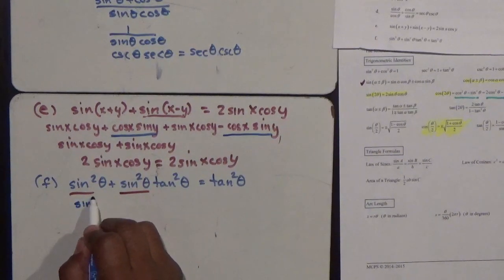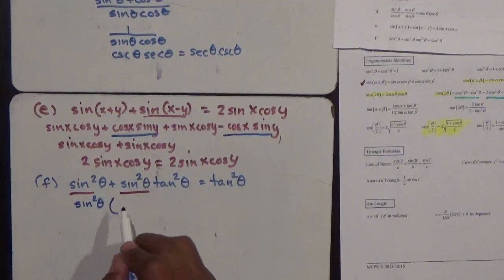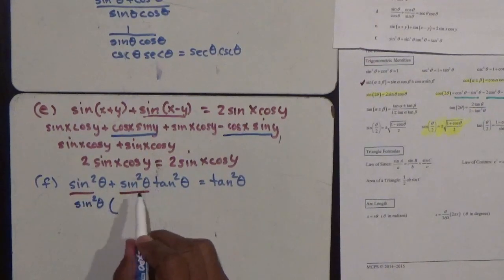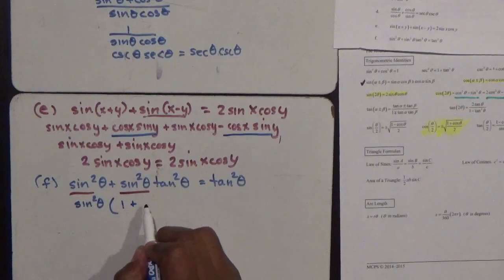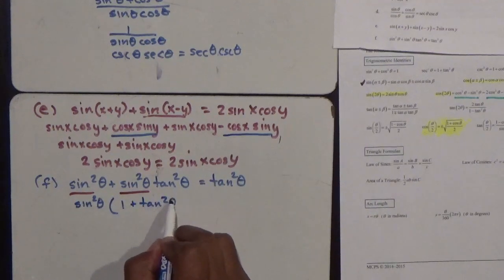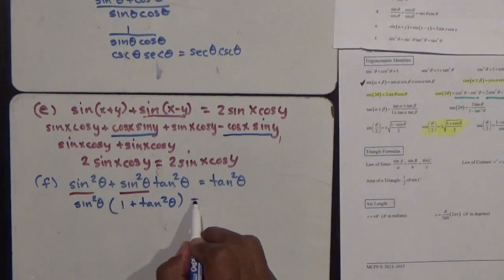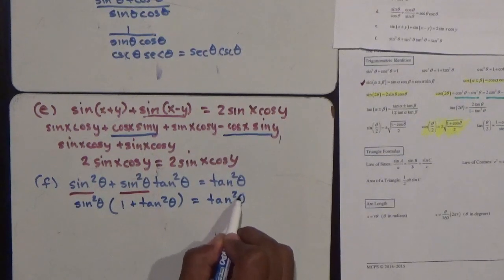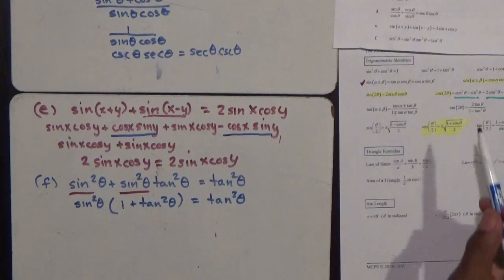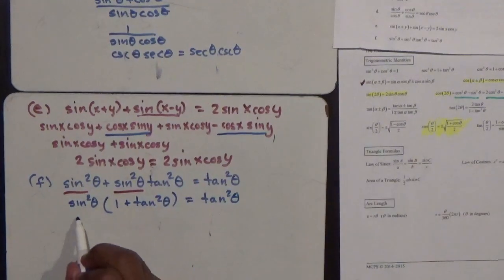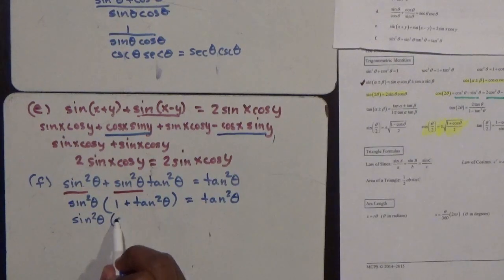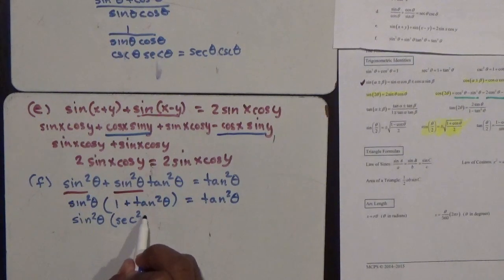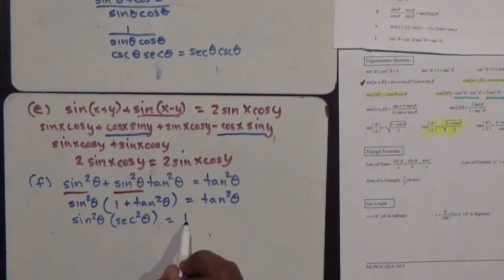All right, sine squared theta out, so it's the opposite of the distributive property, factoring it out. That leaves me with 1 plus, if I factor out this sine squared, I have tangent squared theta. I want to get to something that looks familiar. In that case I have 1 plus tangent squared theta, which is equal to, look at your Pythagorean identities, secant squared theta. So I've got that going for us.